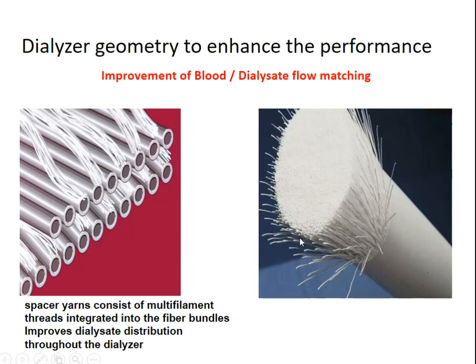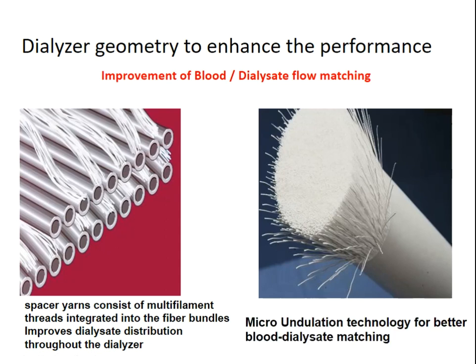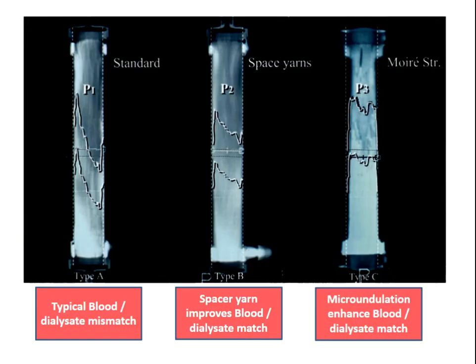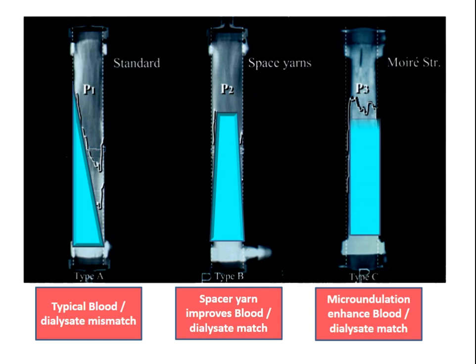Or use microundulation, where the fibers are not straight but microundulated. This microundulation technology gives better blood and dialysate matching. We can see here in the three graphs the typical blood and dialysate mismatch, and this improves with spacer yarns and much more with microundulation technology.